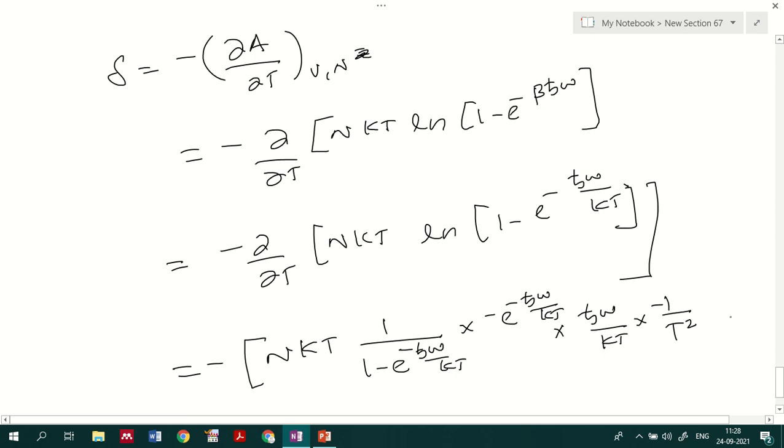Then we'll have again plus ln(1 − e^(−ħω/kT)) into Nk. This is how you're going to get it for that case.